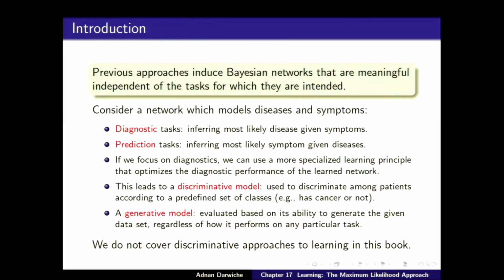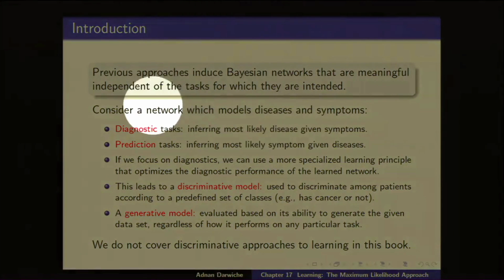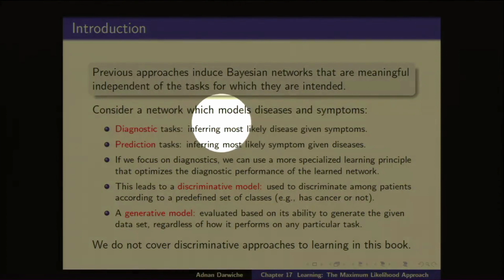If we're learning, let's say, a medical diagnosis network like the one we've seen, you may say, I'm going to use this to do diagnostic tasks. That is, I'm going to be inferring the most likely disease given symptoms. You give me the value of the symptoms, and I try to find the most likely disease. Or you may come and say, no, I'm going to use it for prediction: you tell me what the disease is, and I'll tell you the most likely symptom.